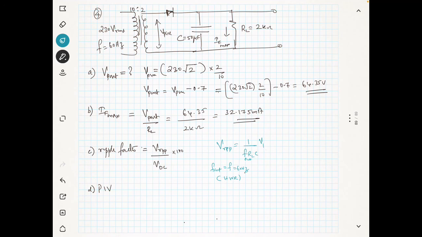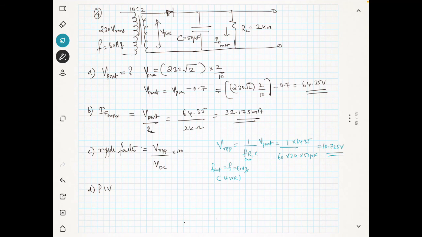So this you will get as 1 by 60 into 2 kilo into 50 microfarad into 64.35. So this is equal to 10.725 volt, okay, that's it.